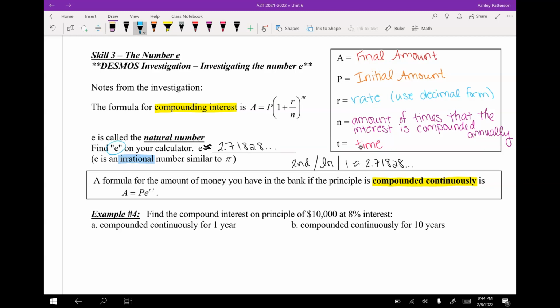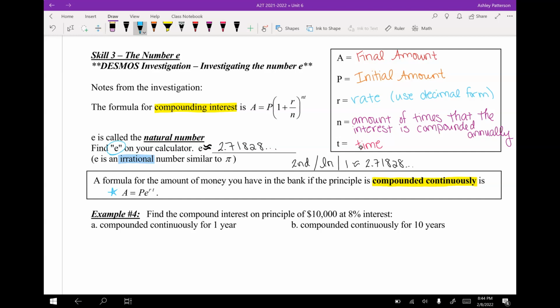It's not another variable. It does have a numerical value associated with it. So big difference. If we see the words compounded continuously, we know that we're going to use our PERT equation. A equals P times E raised to the product RT power. And this is when the interest is compounded continuously on the principal.